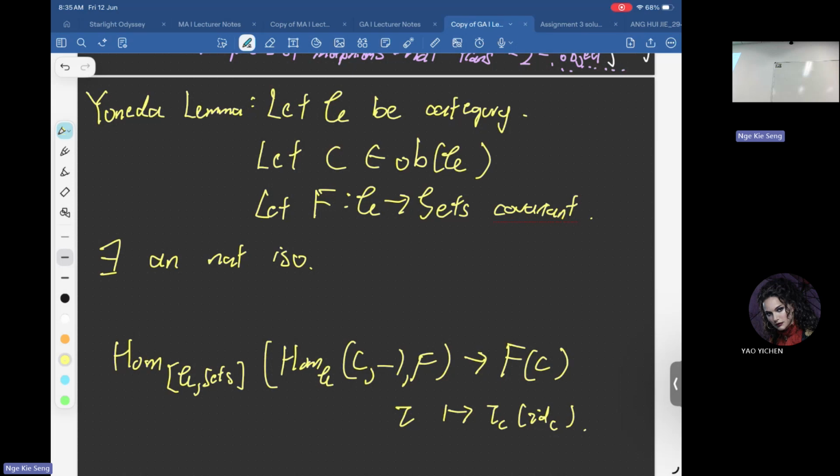You send this Hom here into an object in Set.